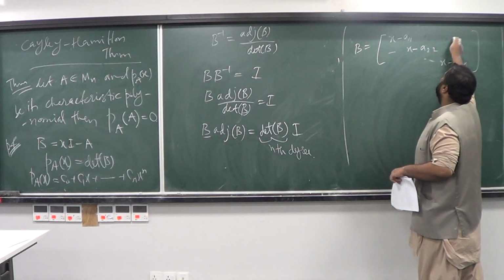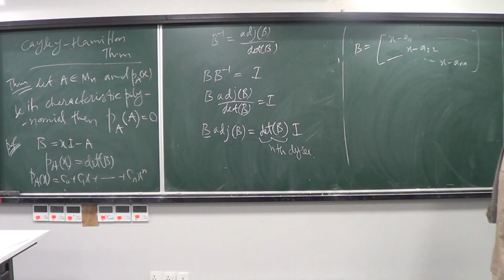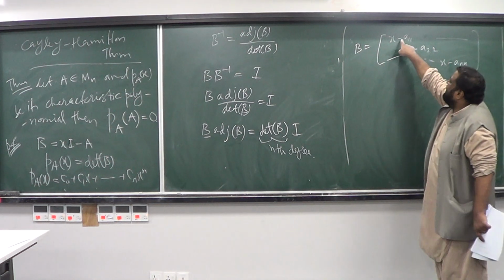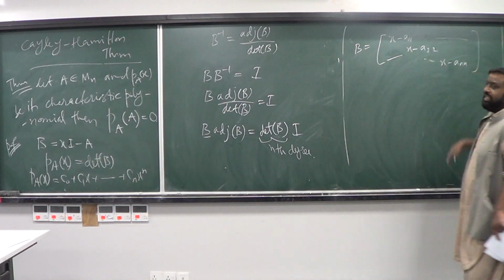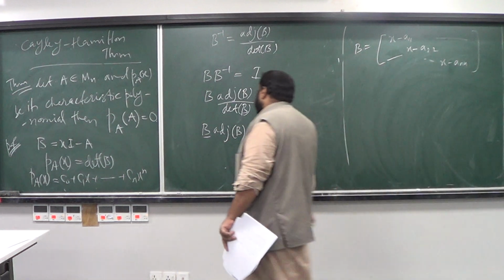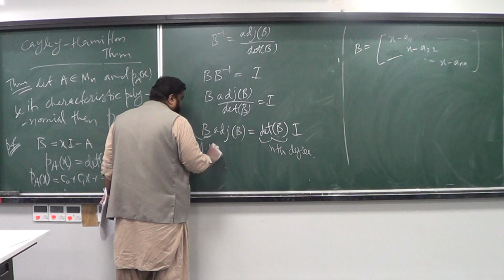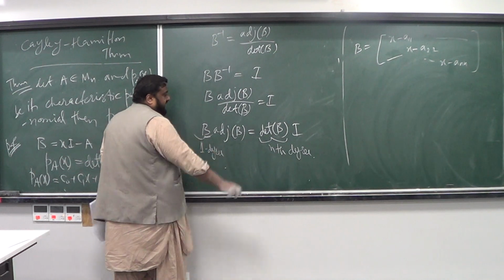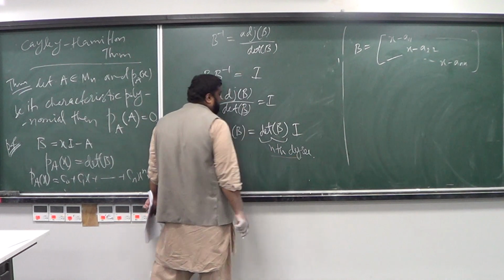There are going to be some entries in the upper and lower triangular parts. So at the diagonal of this matrix B, you have these linear expressions. In other words, in this matrix you have polynomials of degree 1, and the determinant is a degree n polynomial.